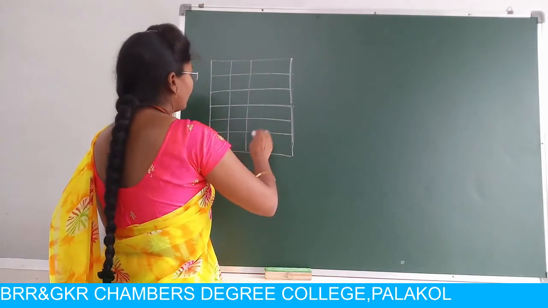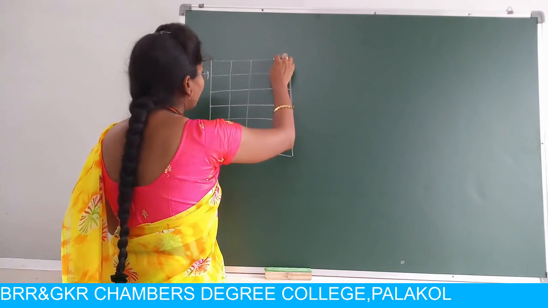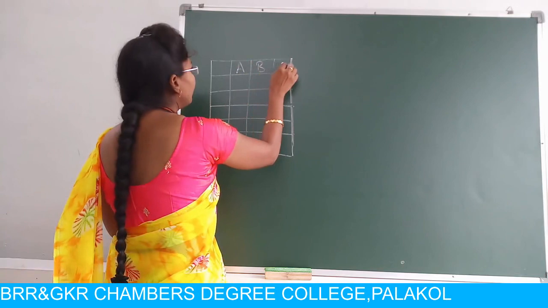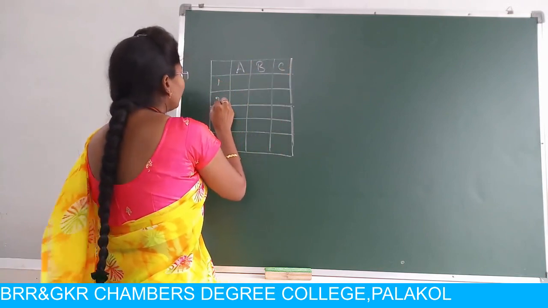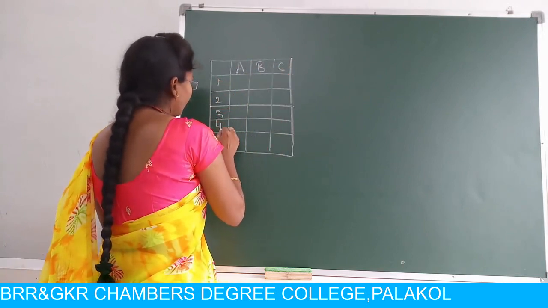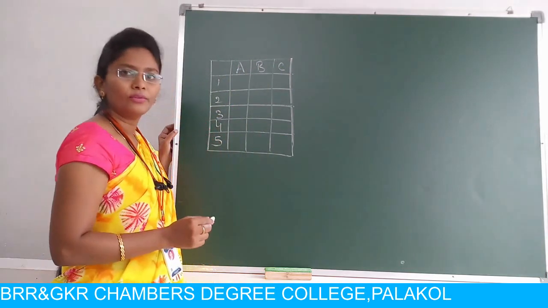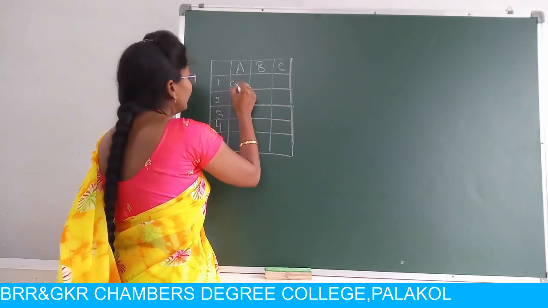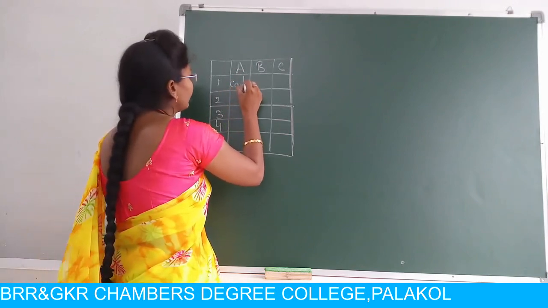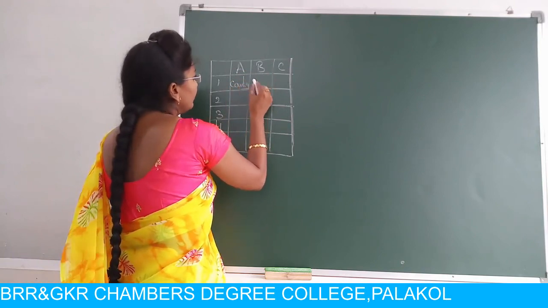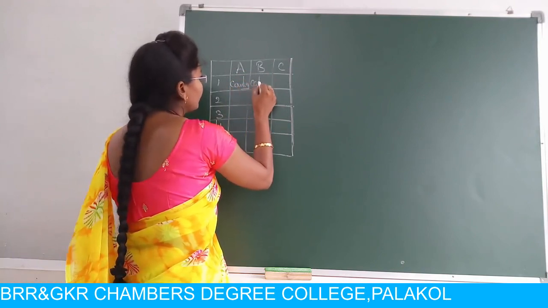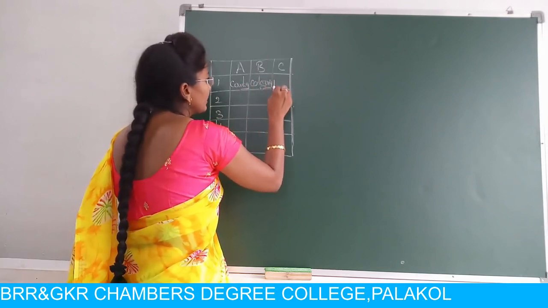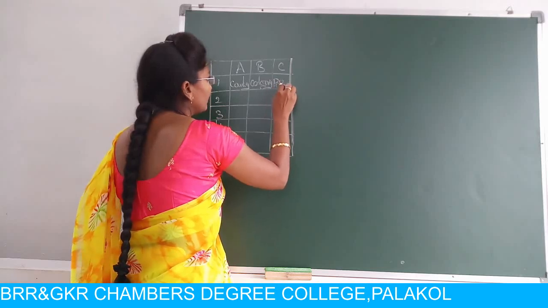Here I am taking the columns and rows: column A, column B and column C, row 1, row 2, row 3, row 4 and row 5. And then here I am taking the country as a data field, and then in B1 cell category, and in C cell population.